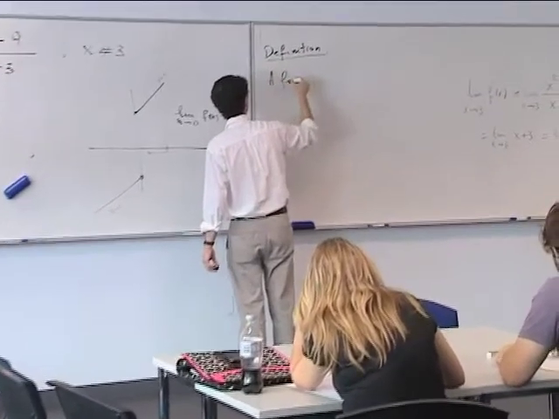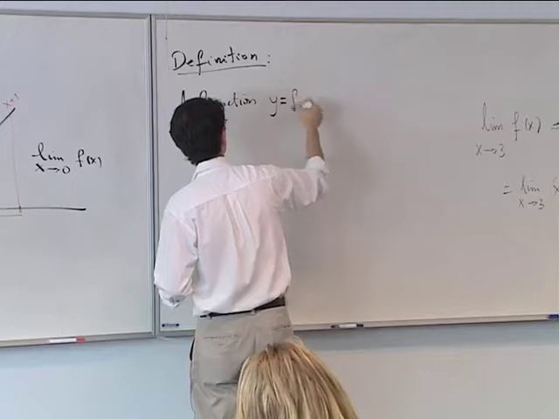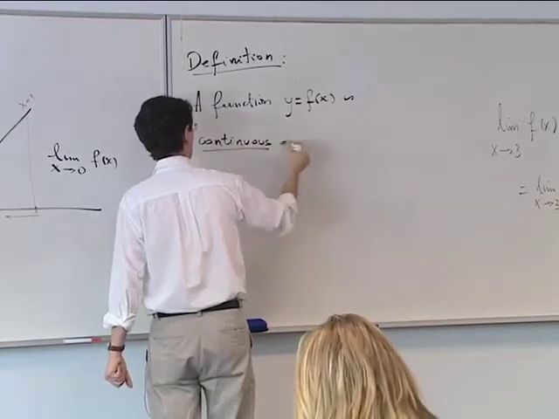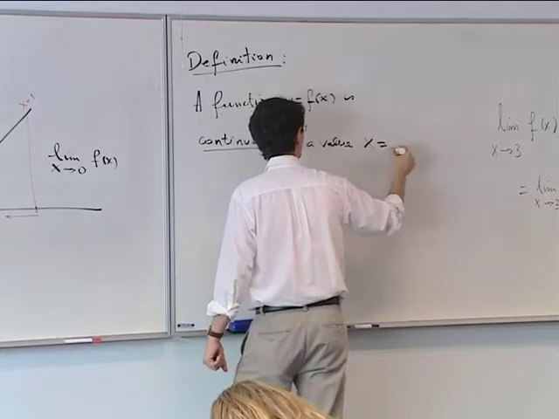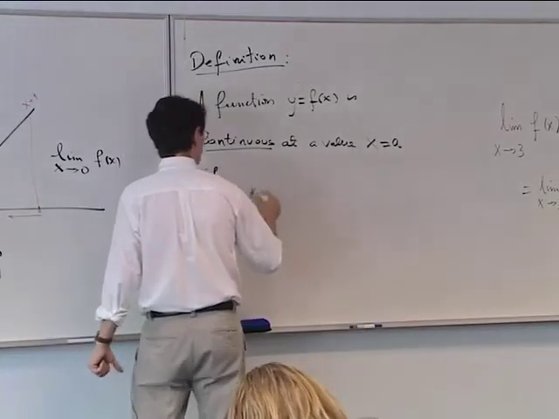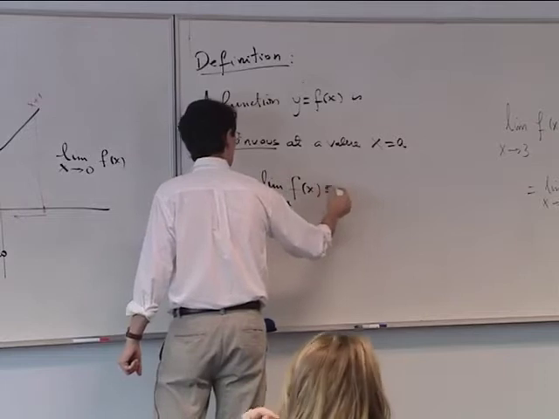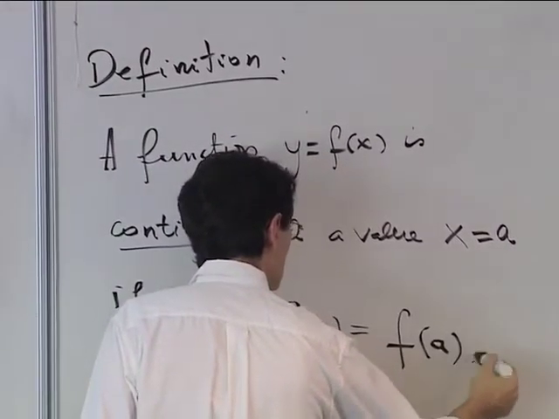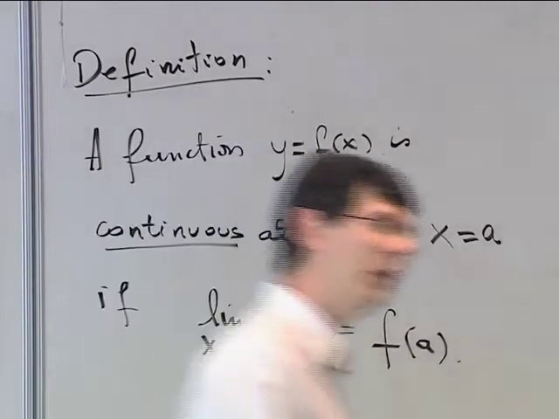A function y equals f of x is continuous at a value x equal a if there's a lot written in there. Okay? So let me explain that to you.